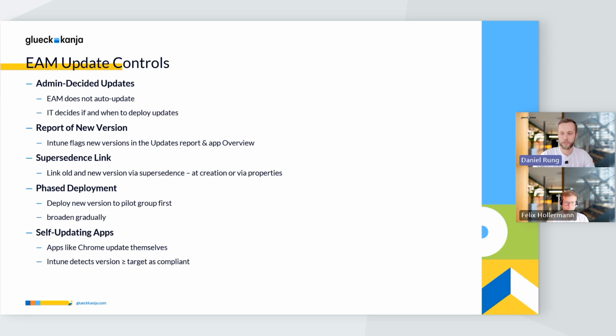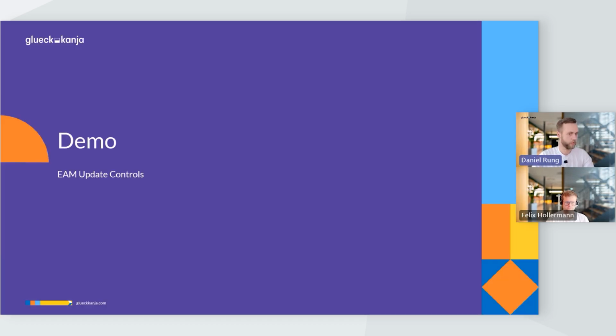And inside the detection of the updated package, there is a check for the version, and it checks if the software is greater or equal to this version. So if it sees Chrome is currently updated through Chrome itself, it will just say, hey, Chrome is on the right version here, so I'm good, it's installed. Yeah, let's go to the demo.